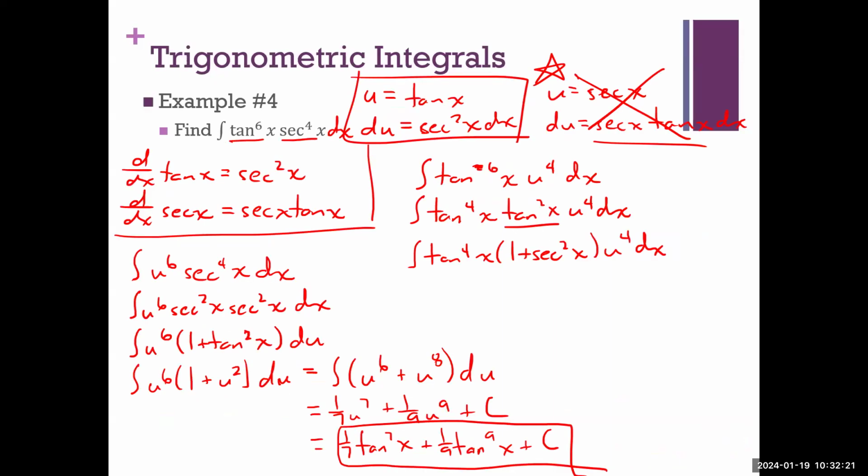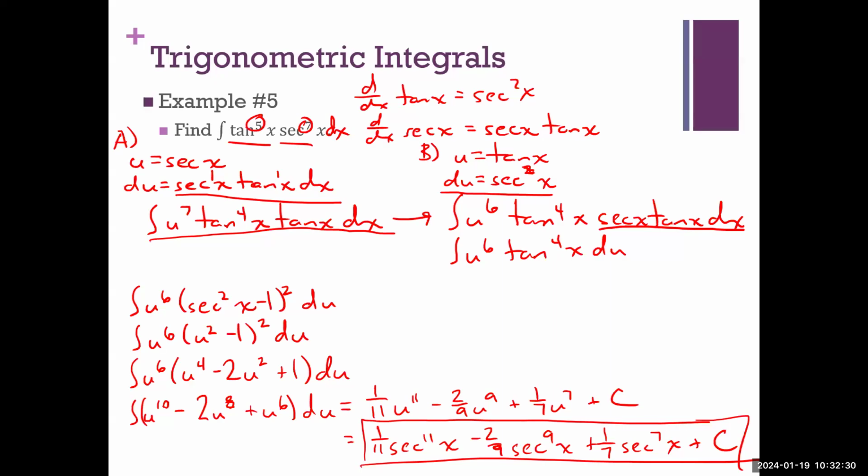What did I need to be even for this one? The power of secant only, right? And for this one, I needed the power of tangent only to be odd. Essentially what's left over. Basically, that's the bottom line: it's not the u that dictates which method you take, it's the du that comes off of that.